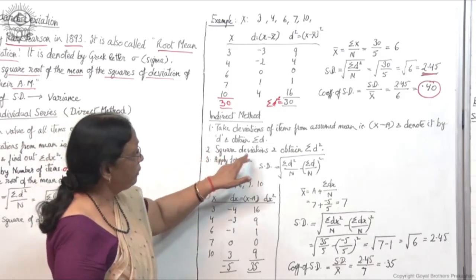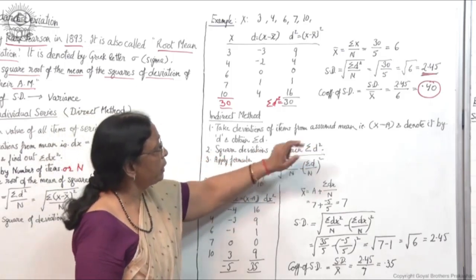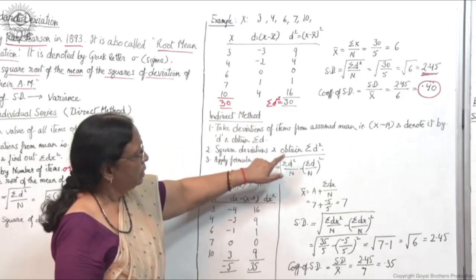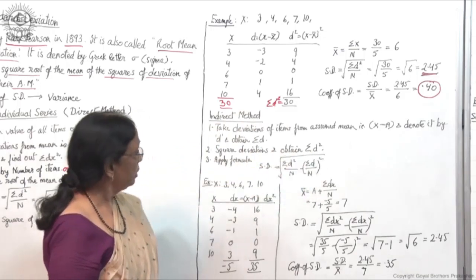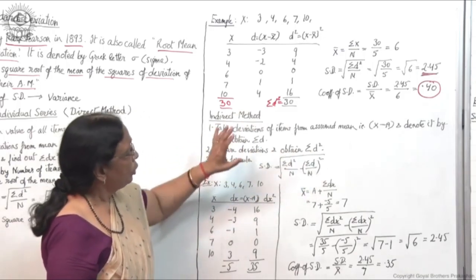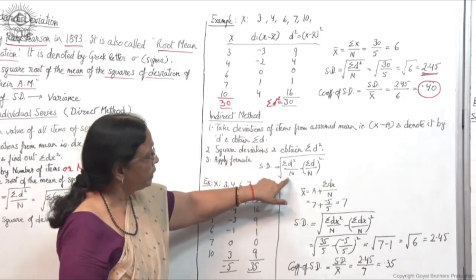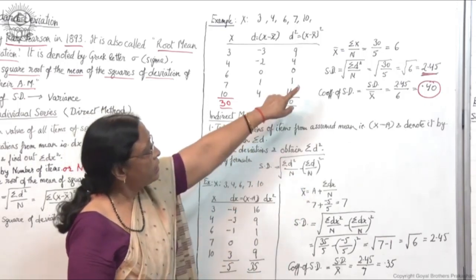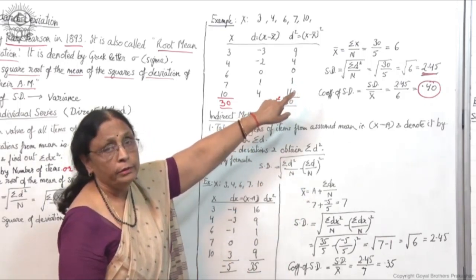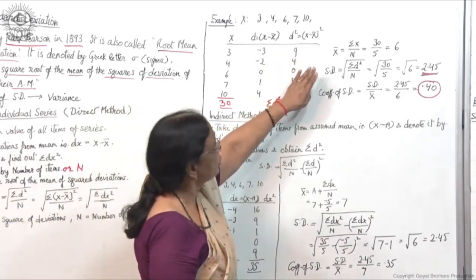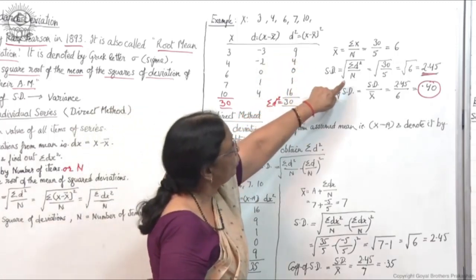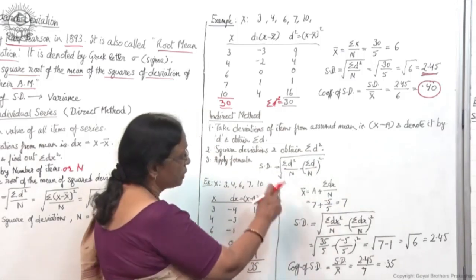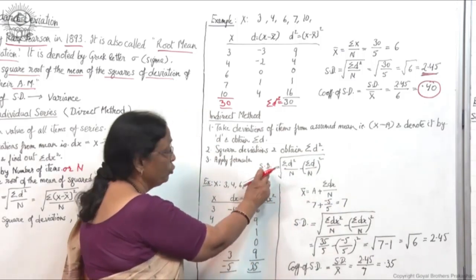Second, square the deviations and obtain sigma d square, as we did here. Obtain sigma d square, apply the formula. Now in the case of assumed mean, you see there is a different formula, whereas in the direct method, in the case of actual mean, the formula was very simple. So this is the formula for assumed mean.